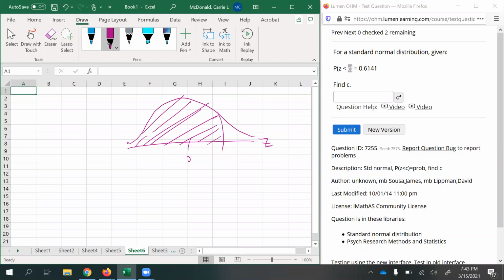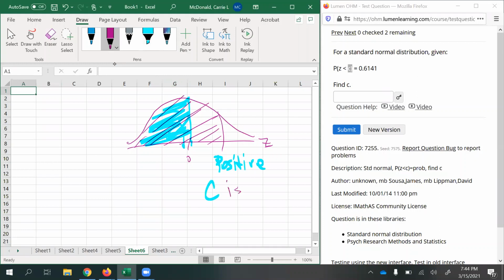It has to be all the way past the mean of 0. Because if we're right here, just this area would be 0.5, because that's half of the total area, which has to be 1. So knowing that it's greater than that means it's going to be a positive z-score that we're looking for. So C is a positive z-score.